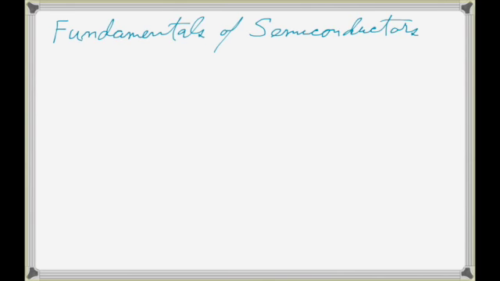Okay, so what I'm going to start with is you can find in one of the references on iLearn, a chapter from the book Fundamentals of Semiconductors by Yu and Cardona. It's a classic book.